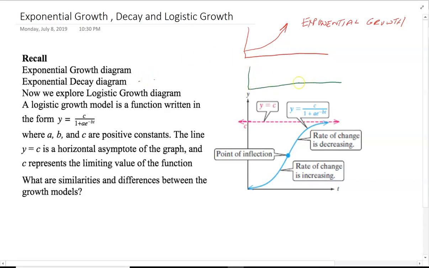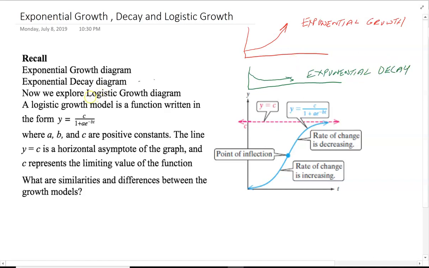An exponential decay diagram is one that falls as we go from left to right, okay?